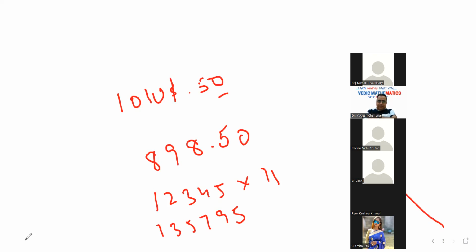Is there any mathematics in the Vedas or Atharva Veda? There is a mention that these sutras are from Atharva Veda, but you cannot find them there. Have you gone through Atharva Veda? How can we prove these methods are from the Vedas?